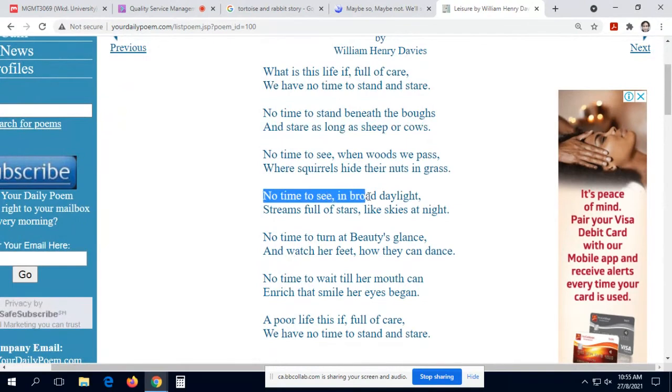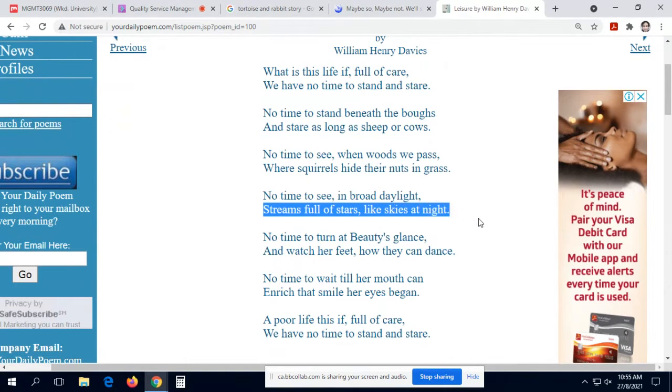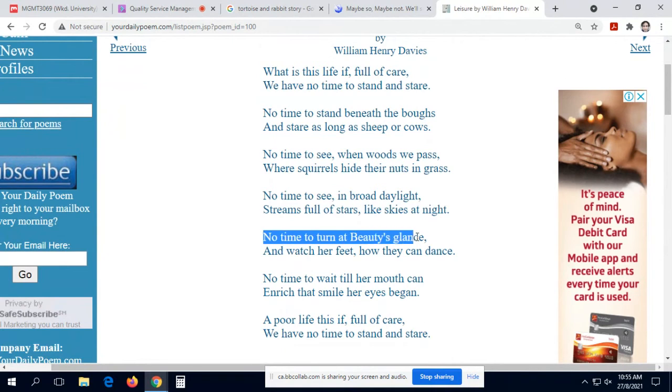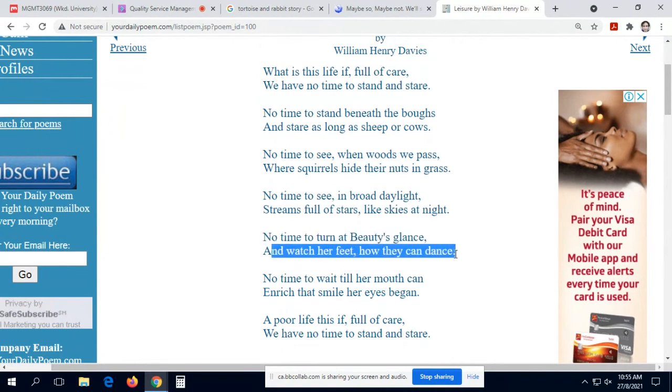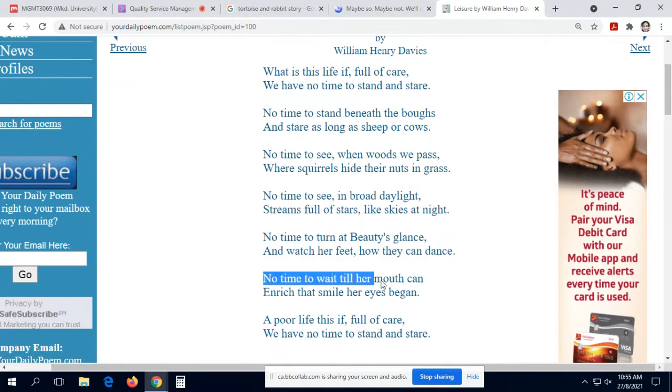No time to see in broad daylight streams full of stars like skies at night. No time to turn at beauty's glance and watch her feet how they can dance. No time to wait till her mouth can enrich that smile her eyes began. A poor life this is.